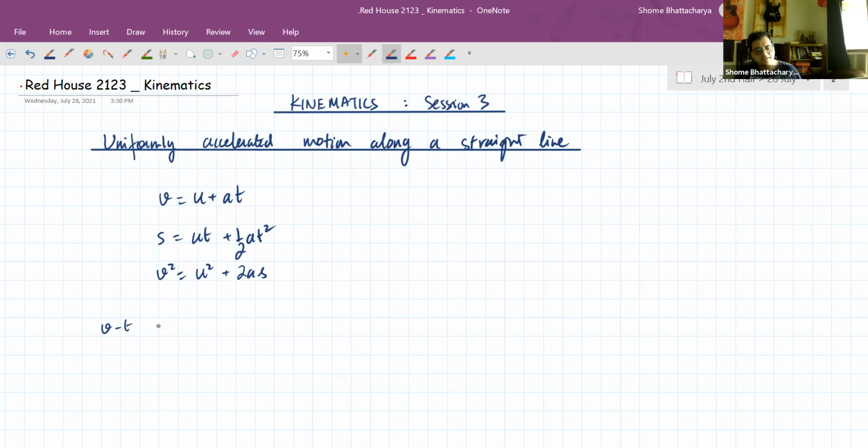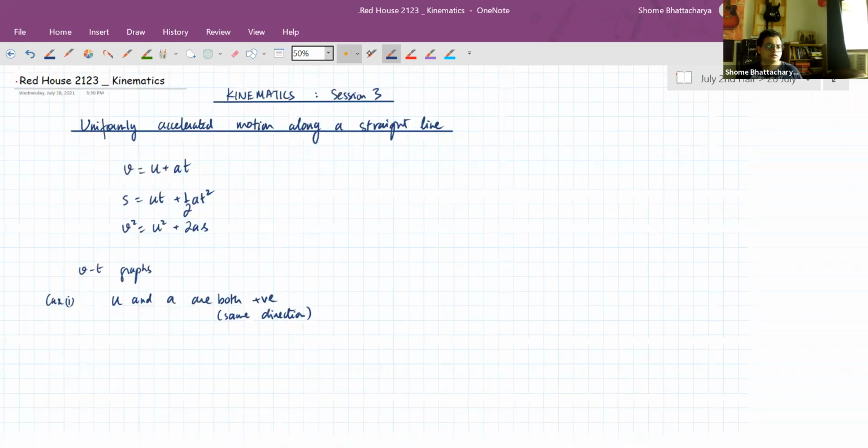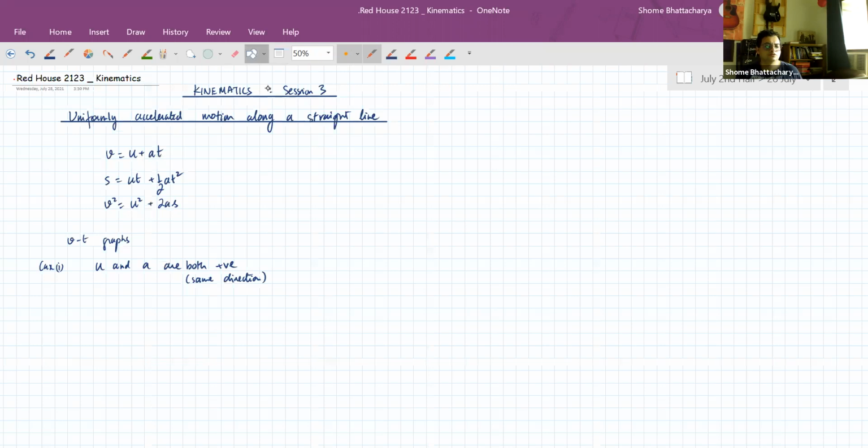Velocity versus time graphs. Case one, where u and a are both positive. That means they are in the same direction. In this situation, the graph of velocity versus time will look like a straight line with a positive slope.